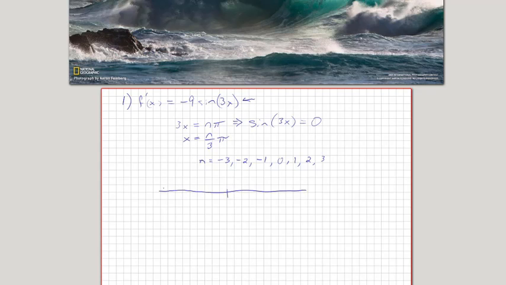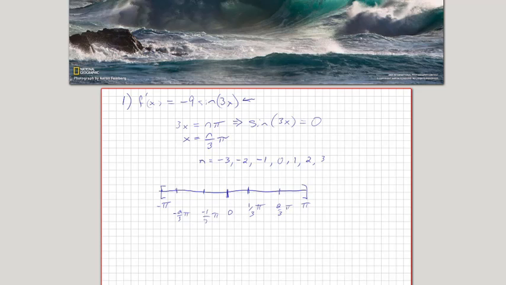So if this was negative pi to pi, and I know the slope is 0 at negative pi, let's call this, and this negative 2/3 pi, negative 1/3 pi, 0. And this one can be 1/3 pi, and then 2/3 pi.